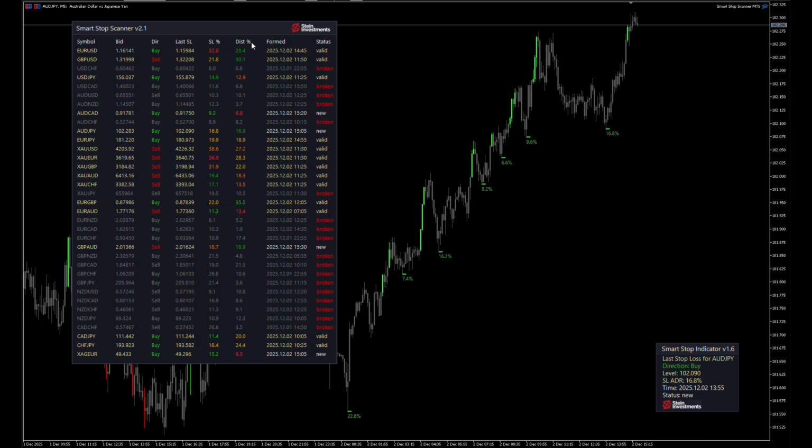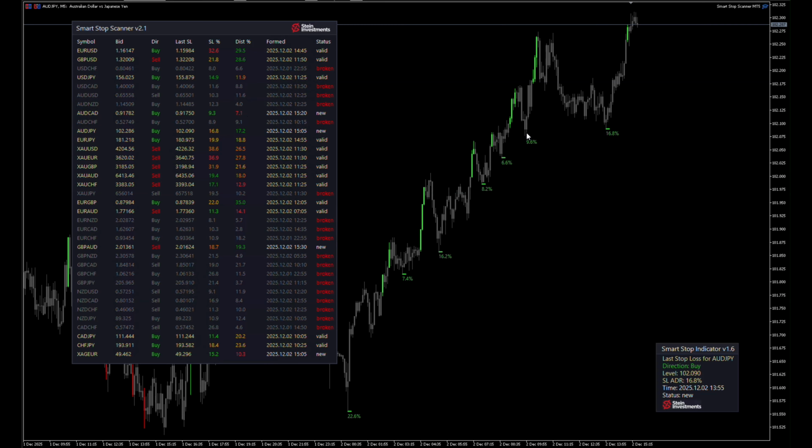So we now normalize distance using ADR as well with an adaptive color scale. And you'll see at a glance if your risk level is safe or in danger to be stopped out. This gives you instant clarity about how close the market is to invalidating the structure, regardless of the asset class.